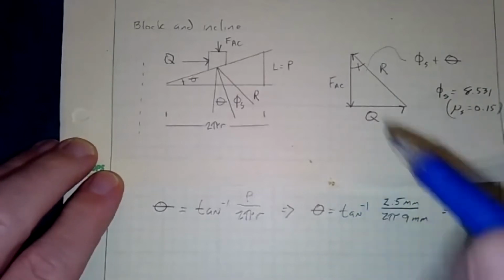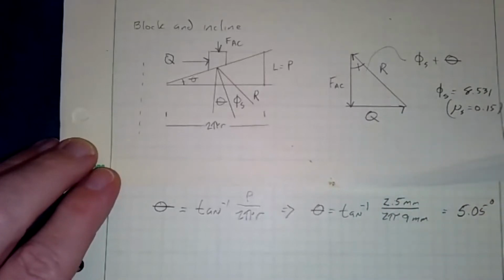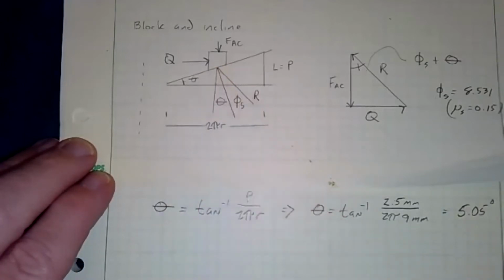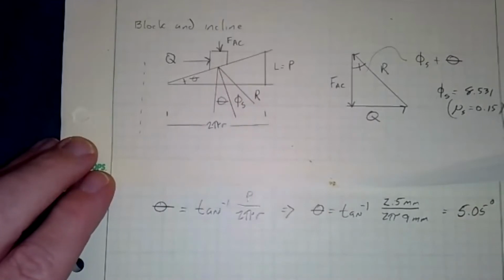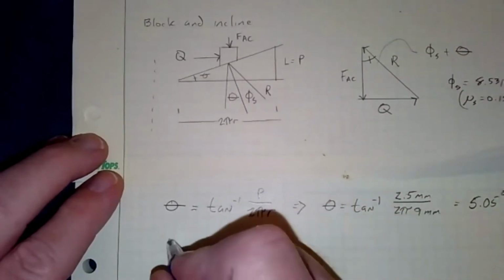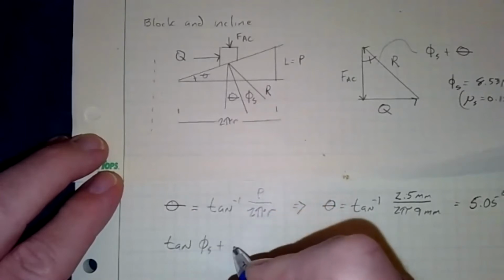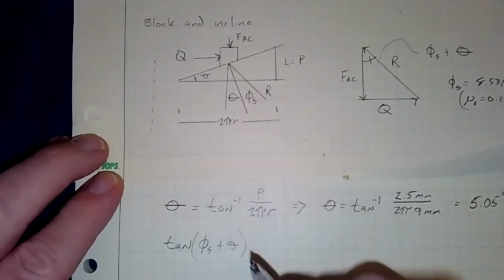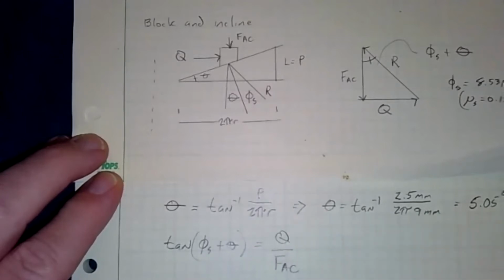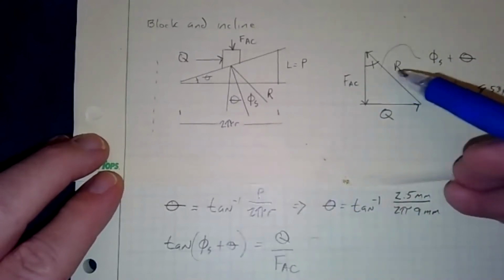We're trying to find Q, because remember, the original says determine the moment. So we need to know Q in order to determine the moment. Now I know this is a little tricky, but what we do is take the tangent of phi sub s plus theta, and that is equal to Q over the force FAC. That's just a simple right triangle.